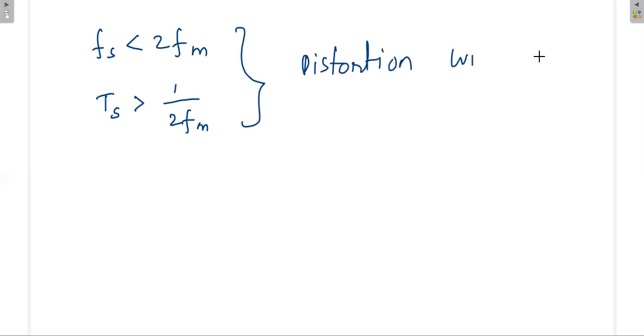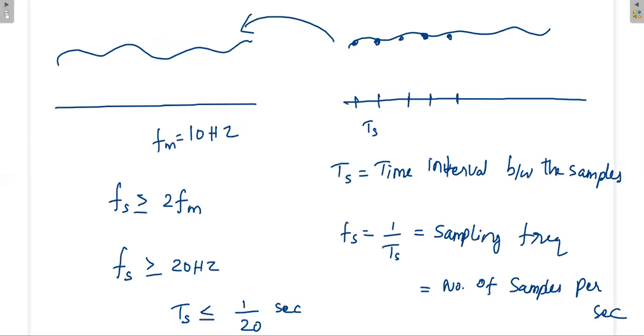Once distortion has occurred, we cannot recover back our original signal. So that's why always at the transmitter side itself, we have to apply the sampling theorem properly.